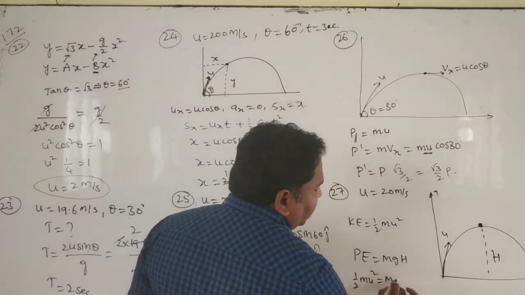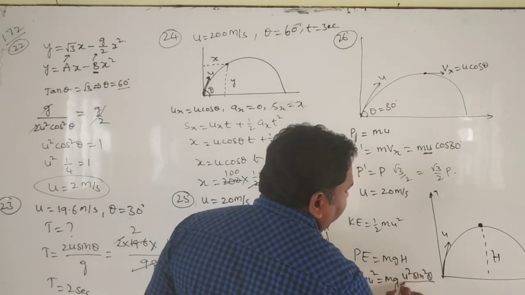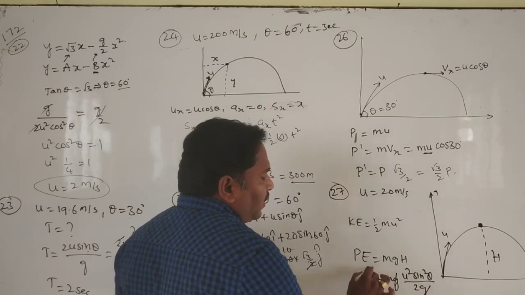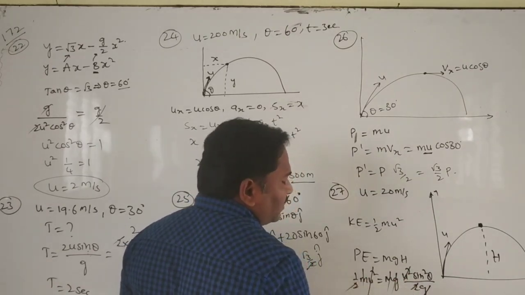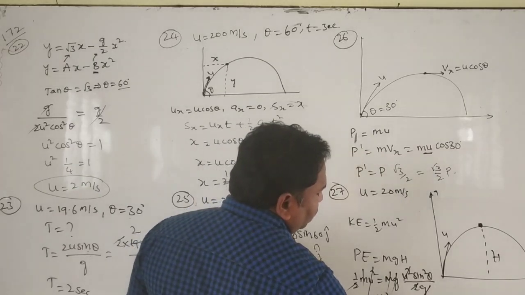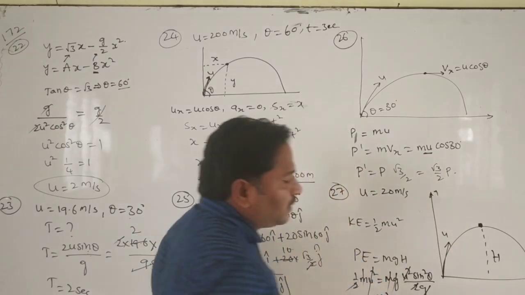So mg into h means u square sin square theta by 2g. G cancels, u square cancels, m cancels, the half cancels. Now what remains? Sin square theta is equal to 1, and so sin theta equals 1.